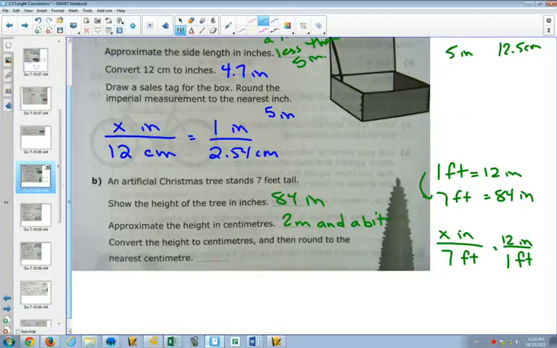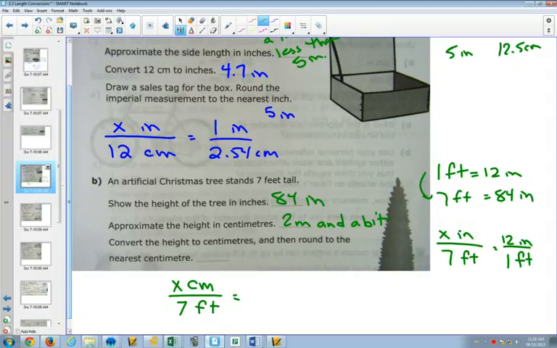Now, if we want to find it exactly, well, we're going to have to set up a proportion. And I noticed that some of you, when you're setting up your proportion, you said, I have X centimeters and I have 7 feet. But when you went to your formula sheet, there was no conversion for feet to centimeters. So we get sort of stuck. But we do have inches to centimeters on our formula sheet.